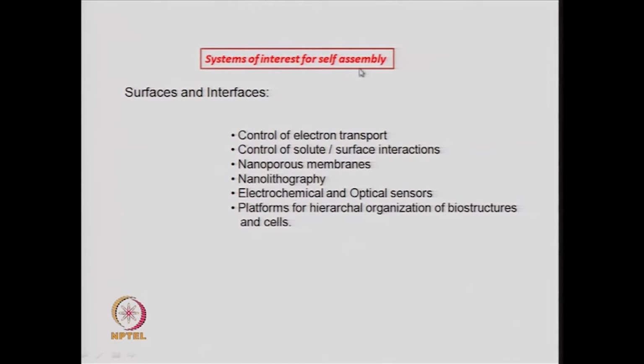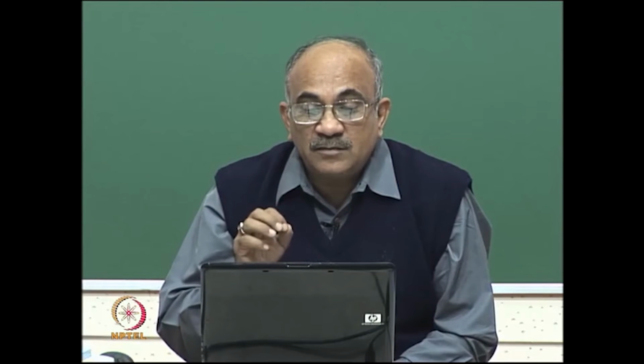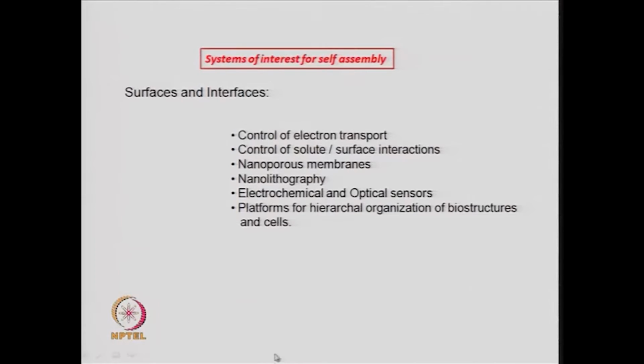Then these systems are of importance in nanolithography, where self assembly is very important. Nanolithography means making structures in the nano dimensions based on some technique, like here we are discussing self assembly, but you can also do nanolithography using electron beams, ion beams, and lasers, etc. Now, here we are saying that using self assembly also we can do nanolithography, which will be called soft lithography.